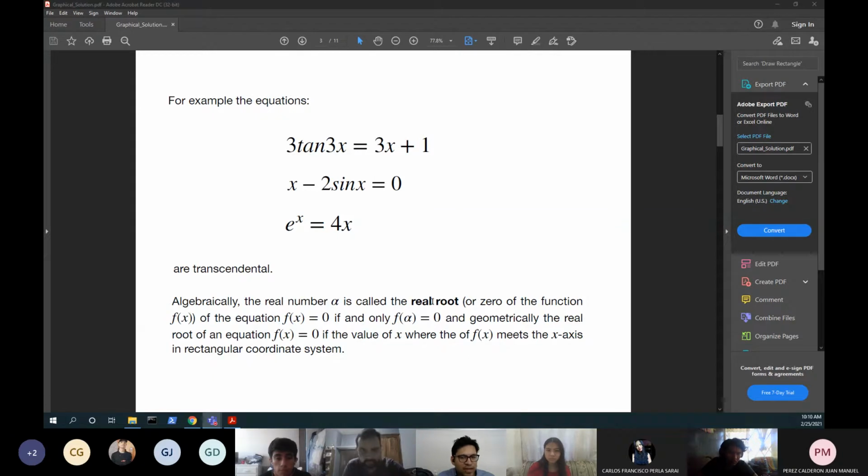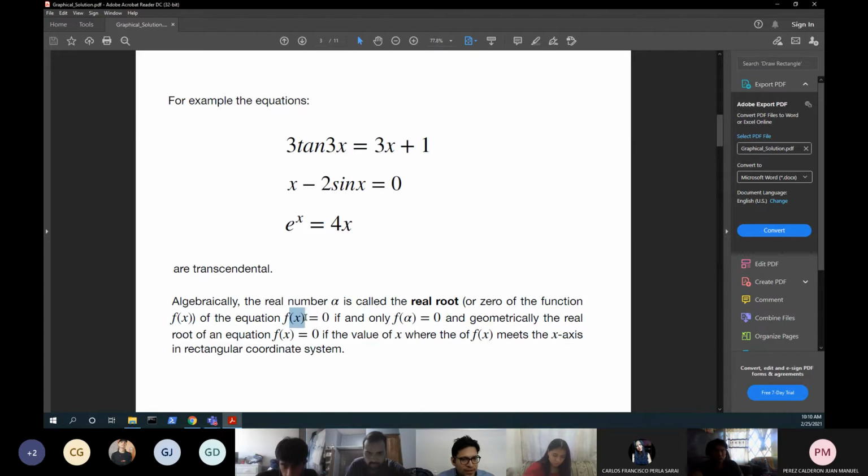And it could be any number, even 0, that makes the function f(x) equal to 0. So any x value or any alpha value evaluated in f(x) equal to 0, and if this reaches the right-hand side of the equation, it's going to be equal to a root. So this alpha value has to satisfy this expression, f(x) equal to 0.